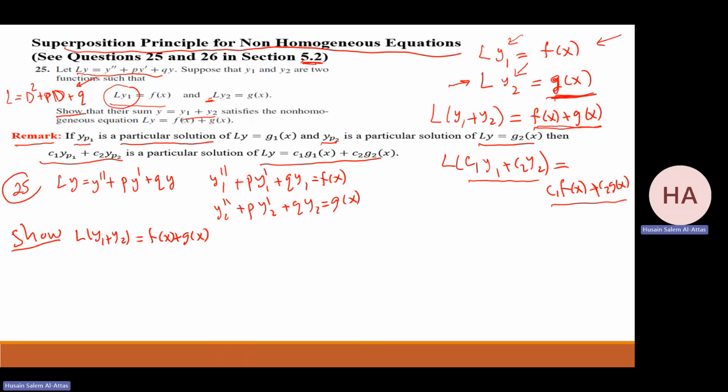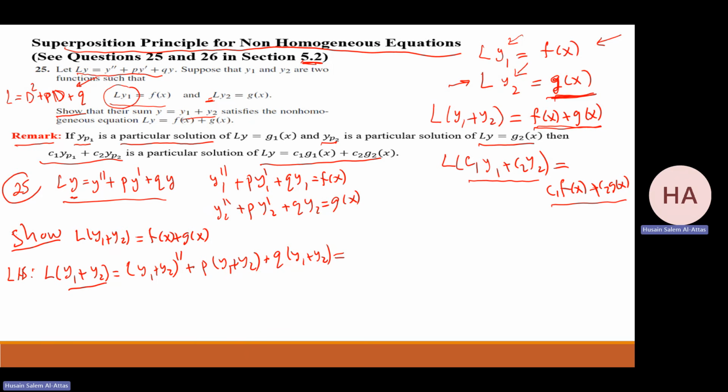How to show that? I will go with the left-hand side, which is L of y1 plus y2. It means I need to apply the operator on y1 plus y2. That means it is y1 plus y2 double prime, so I consider y1 plus y2 as y, plus p times y1 plus y2 prime, plus q times y1 plus y2. Now let me do the calculations.